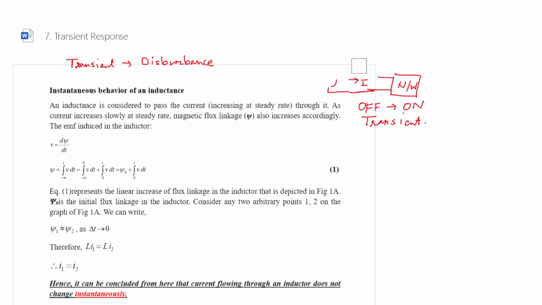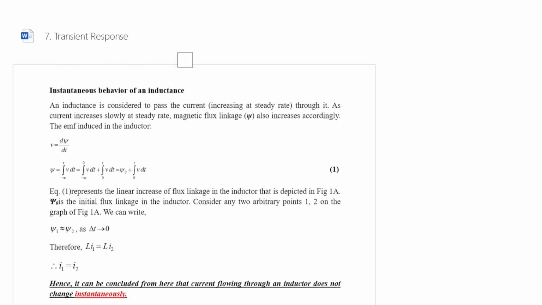So now we will discuss how an electrical network will behave if it has switching phenomena.